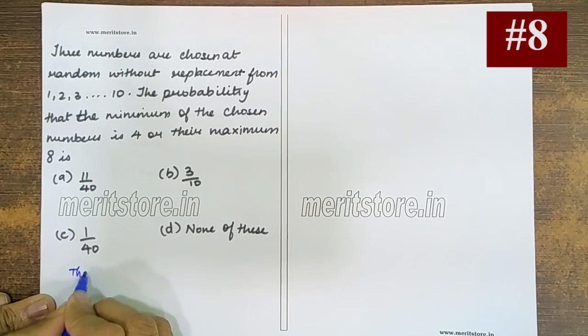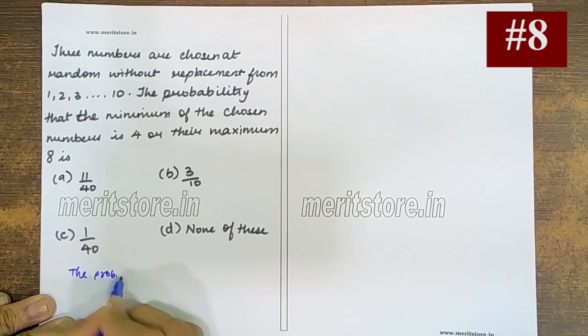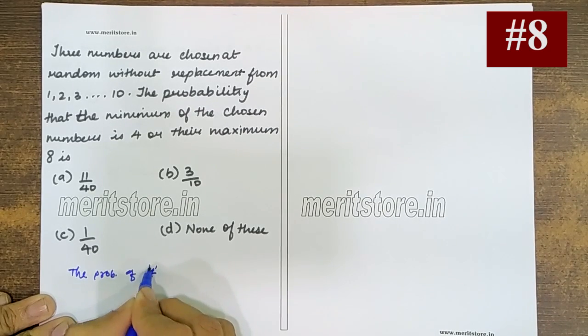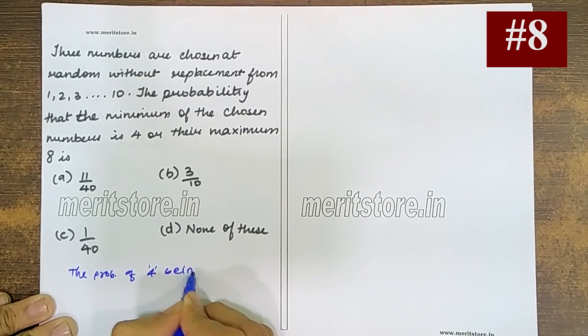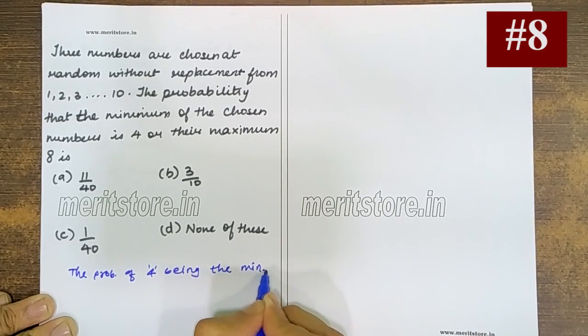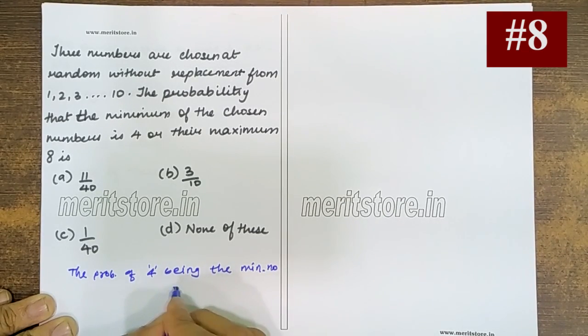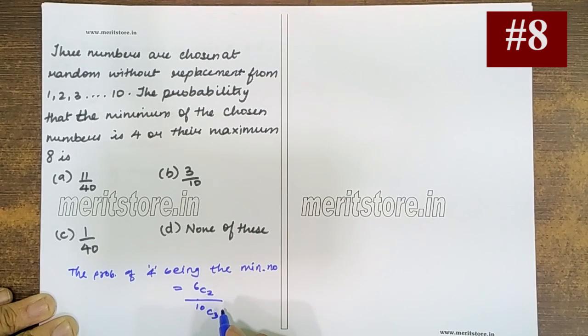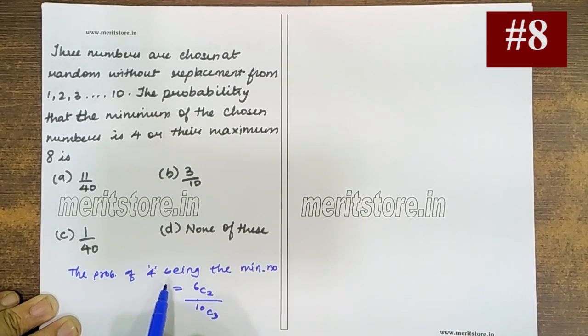So the probability of 4 being the minimum number will be equal to 6C2 upon 10C3. Because 4 is the minimum number, the remaining numbers are 5, 6, 7, 8, 9, 10. So in total there are 6 numbers from which you have to select any 2.